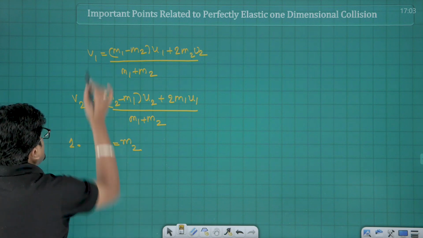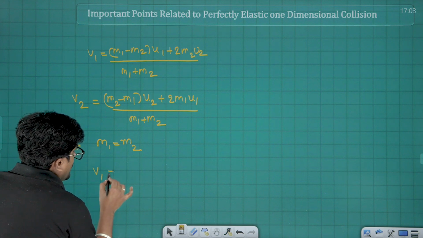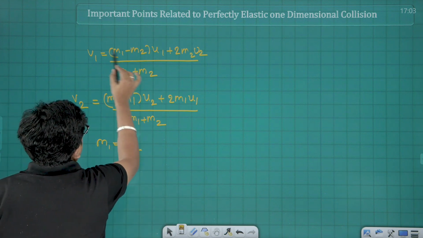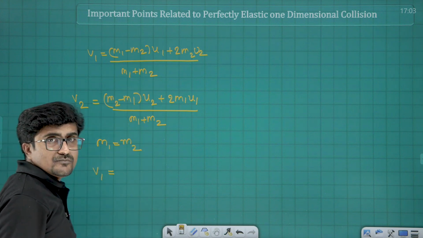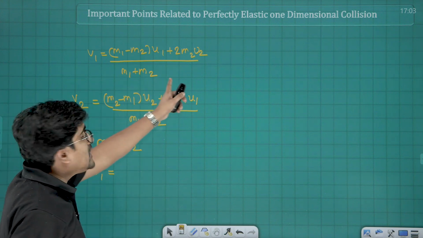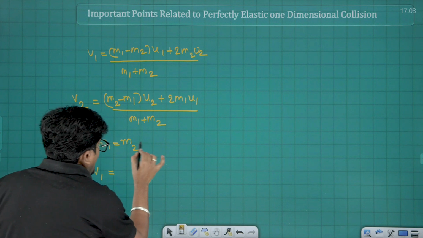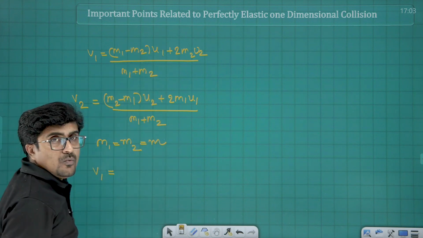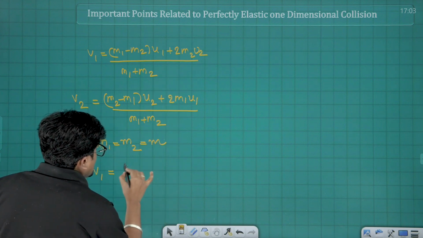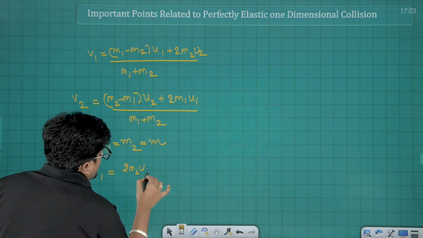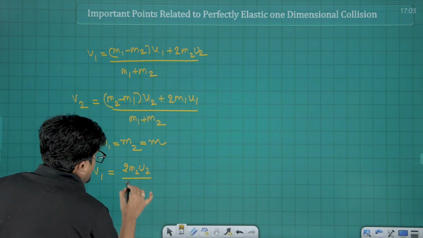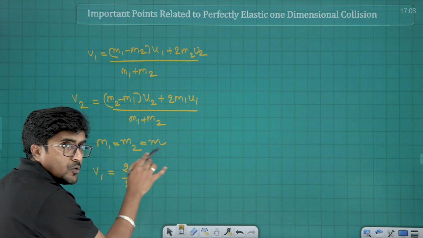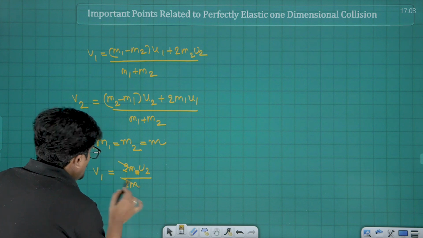Just have a look. What is going to be the value of v1? If m1 is equal to m2, definitely this particular term is going to be 0. Let me take m1 equal to m2 as small letter m. So this part is 0, and what I am left with here is 2 times m2 u2 all divided by 2m. 2m and 2m will cancel each other.